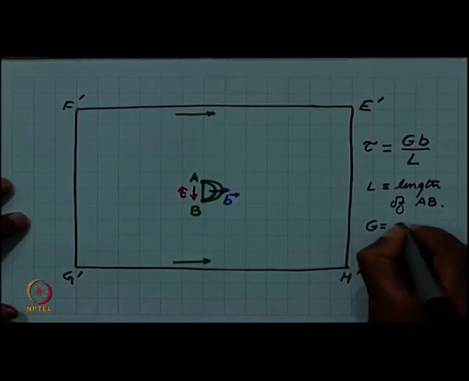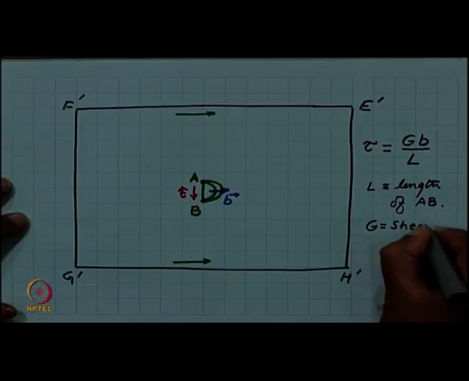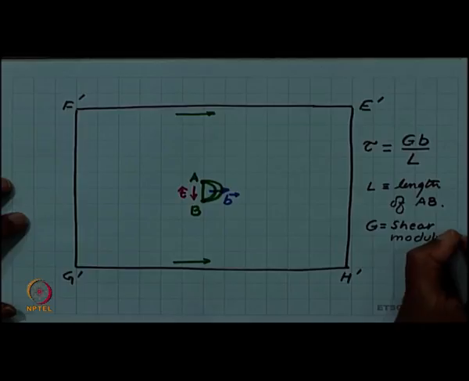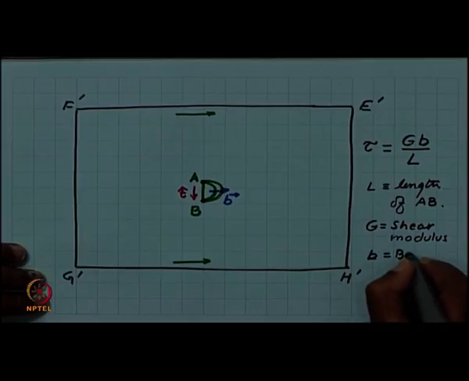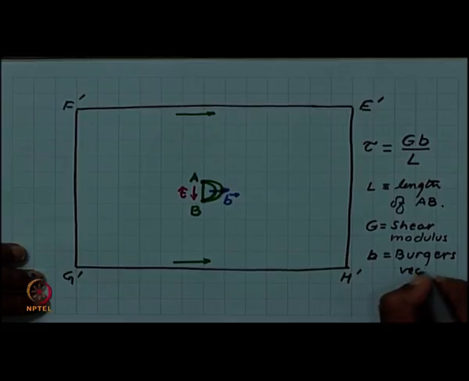G as usual is the shear modulus, and b is the length of the Burgess vector.